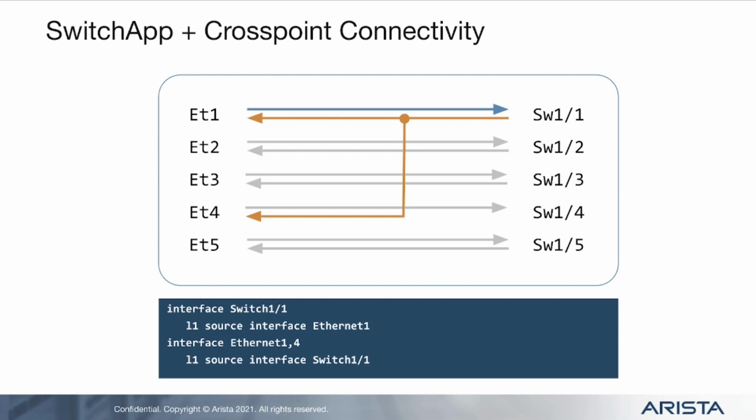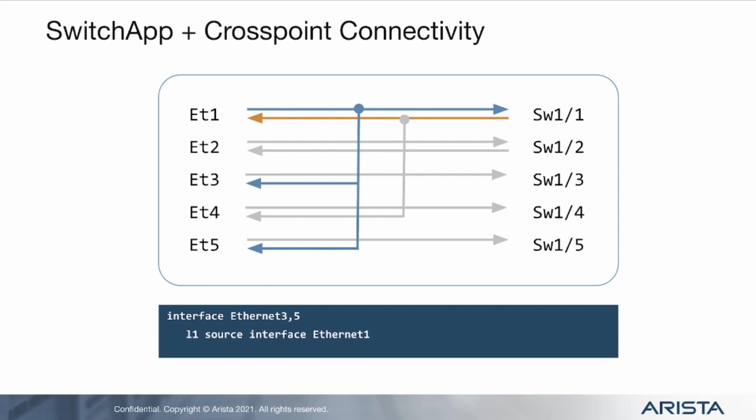This way, if switching logic would send out packets to a certain port because it knows the destination MAC address is reachable behind that port, we can still send out copies of the same packet to other ports as well. As shown in the diagram, this is done by configuring the source interface switch 11 on multiple front panel Ethernet interfaces.